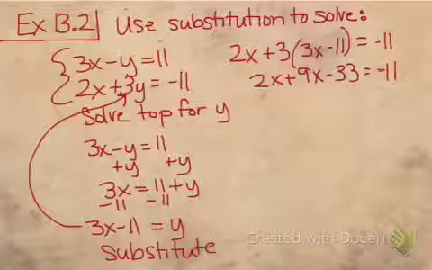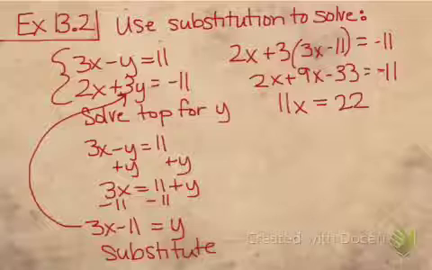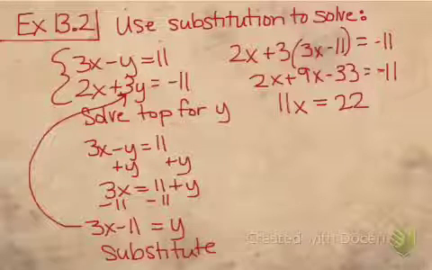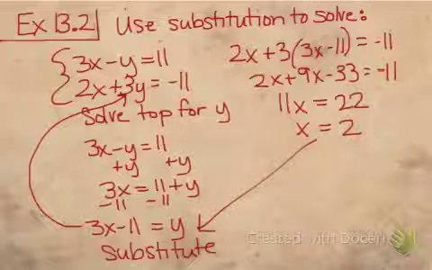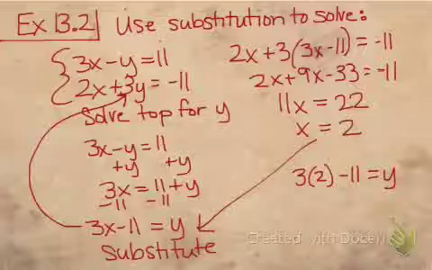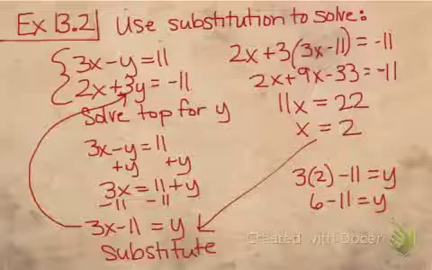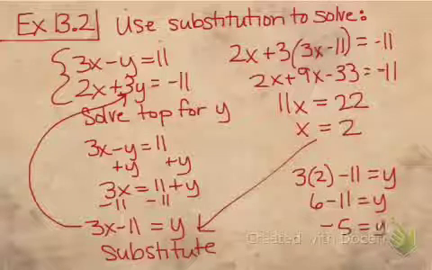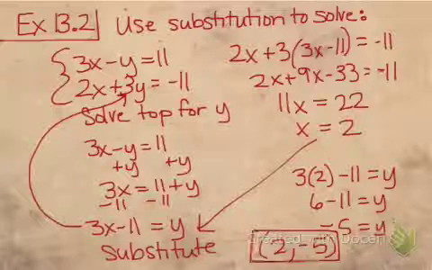We'll add 2x and 9x together, and then add 33 to both sides, and we get 11x equals 22, so x equals 2. Now we plug it in, so we get 3 times 2 minus 11 equals y, so 6 minus 11 equals y, negative 5 equals y, so x equals 2, y equals negative 5.